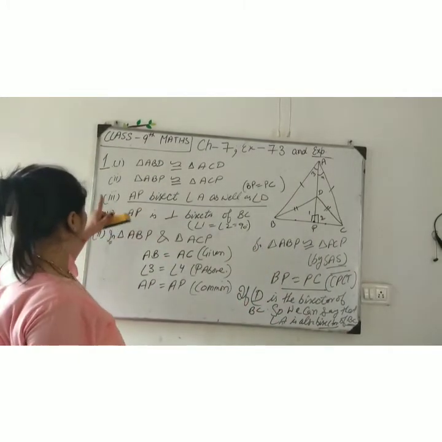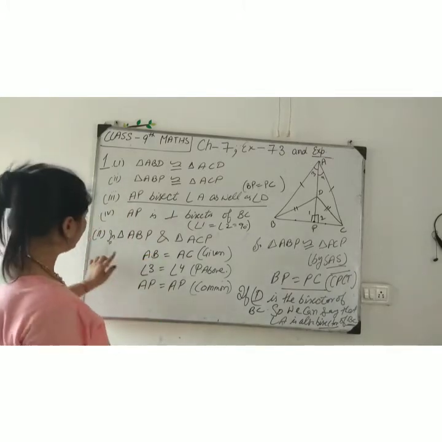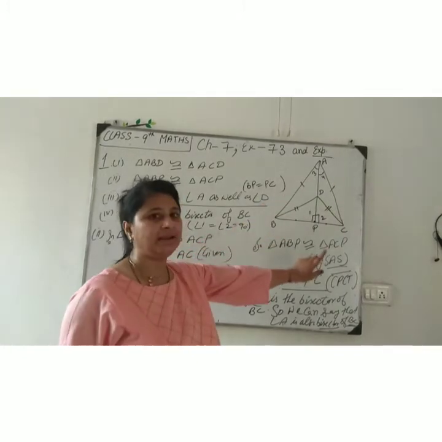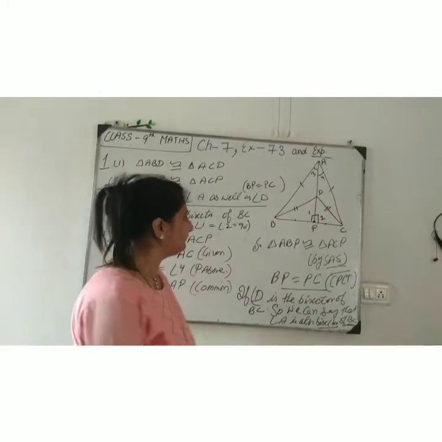So I have done 3 parts in part 2. In part 2, first I prove that this one is congruent by side angle side. And by CPCT BP equals PC.